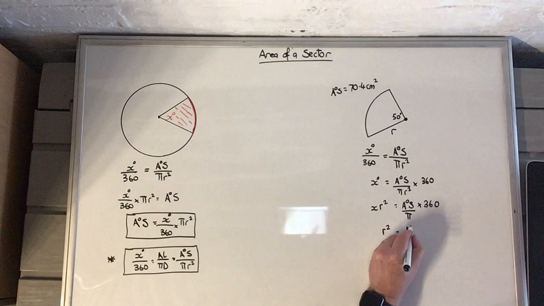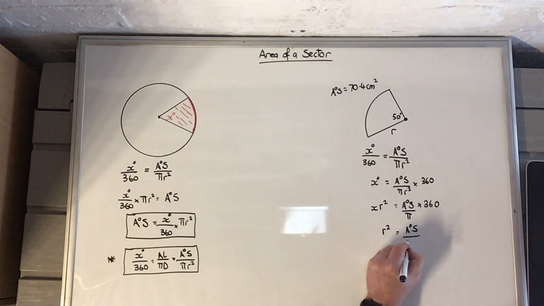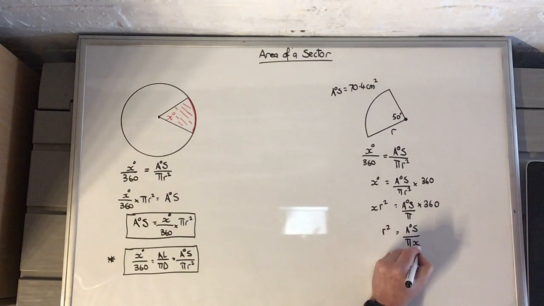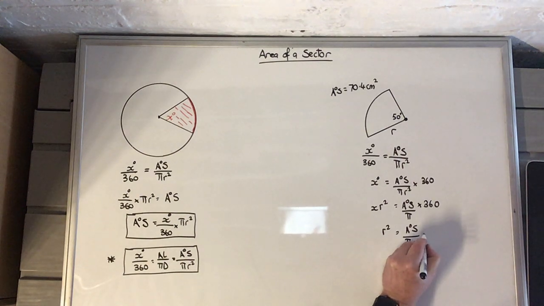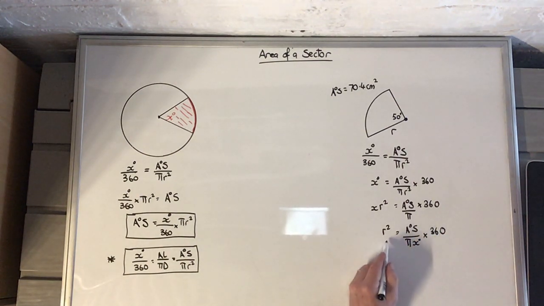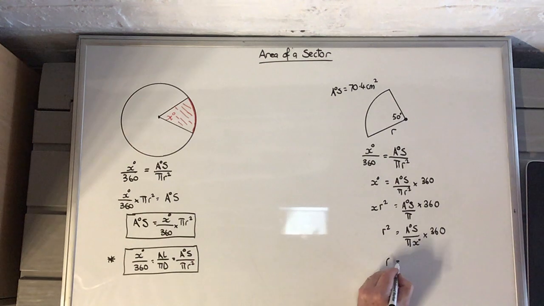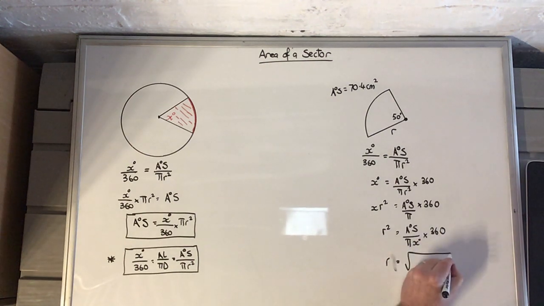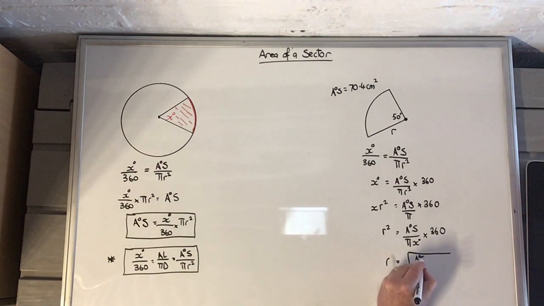So that's got area of the sector over pi x degrees times 360. And then once we've found that, we take the square root. So let's just work it all through without any numbers so far. So area of the sector over pi x times 360.